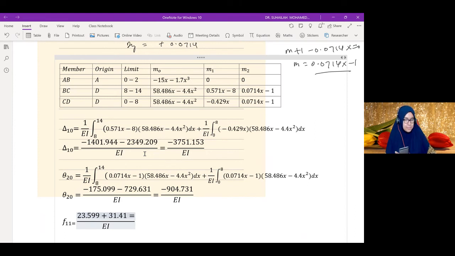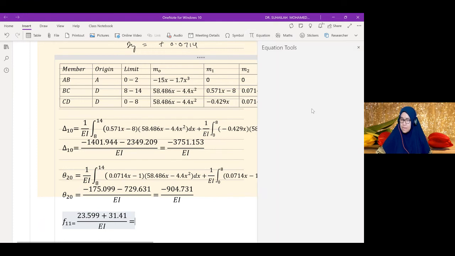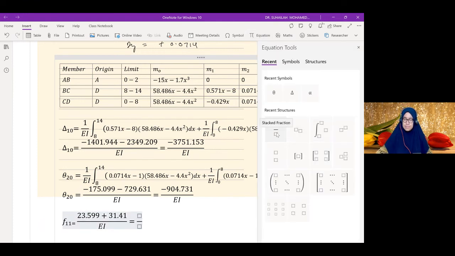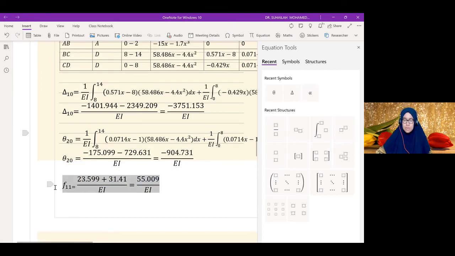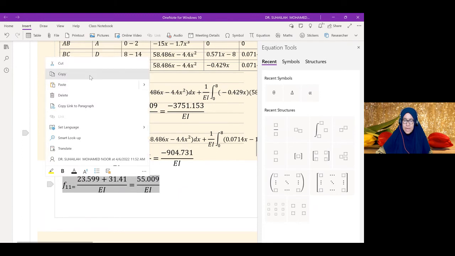So it is in terms of EI, 55.009. So this is F11. So we continue to calculate F12 and F22.